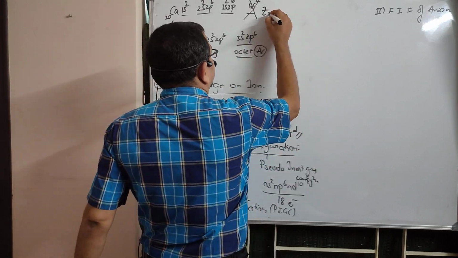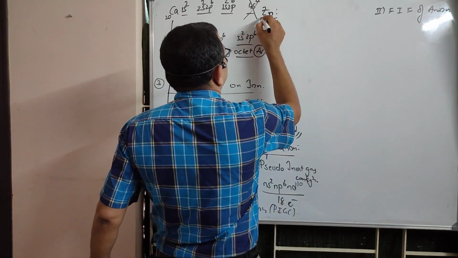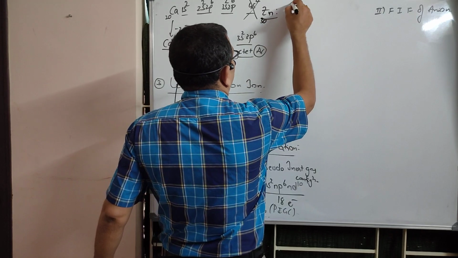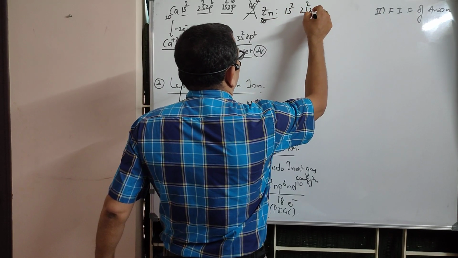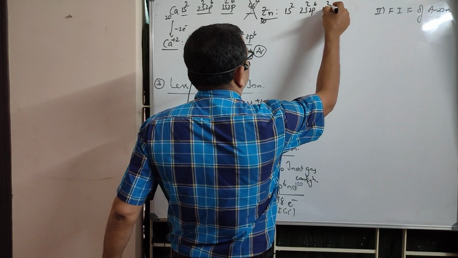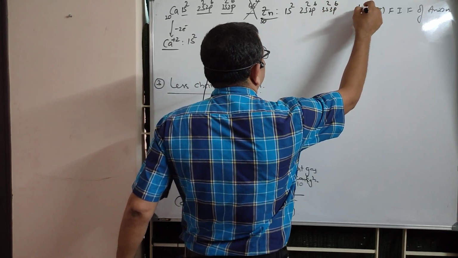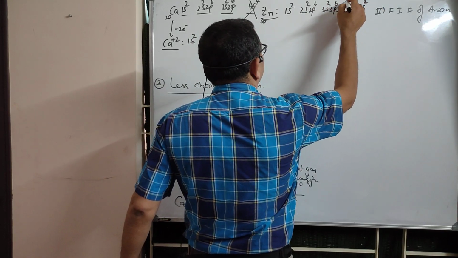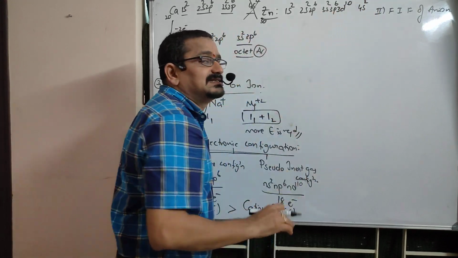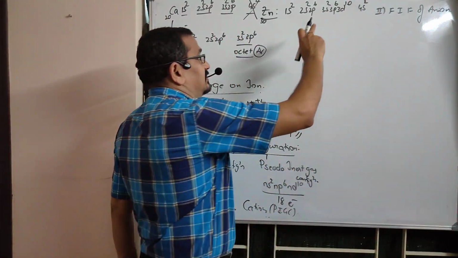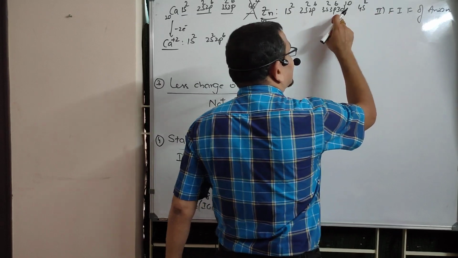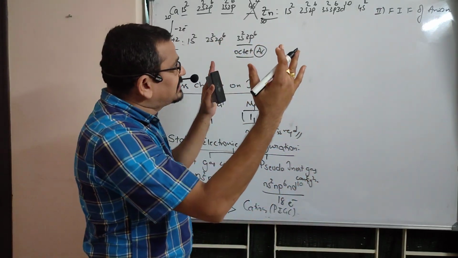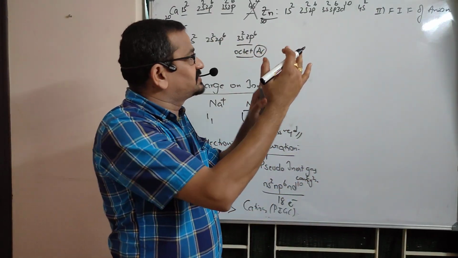When it comes to zinc, whose atomic number is 30, its configuration is 1s2, 2s2, 2p6, 3s2, 3p6, 4s2, 3d10. After 4s, 3d is getting filled. You can write 3d after this also, but as 3d belongs to the third shell, I am writing all shell electronic configurations in one place.